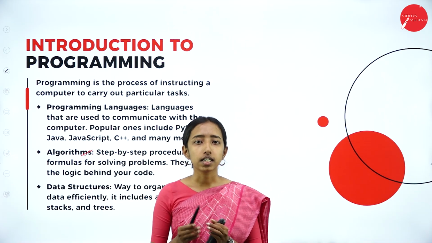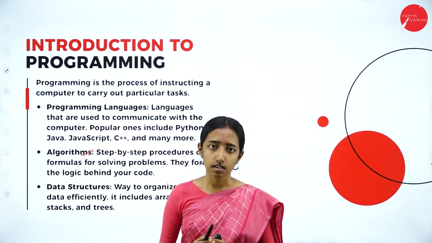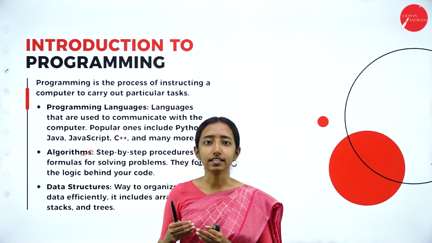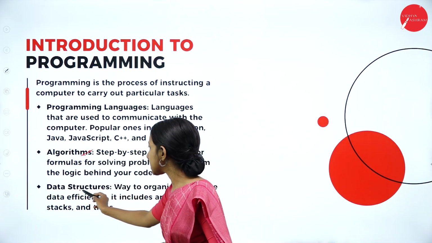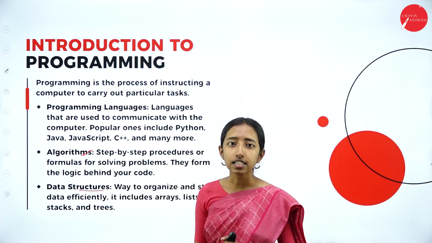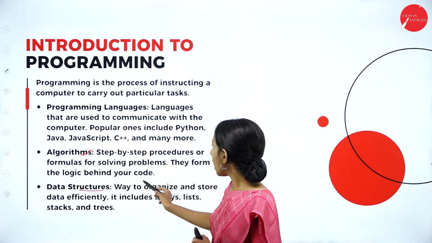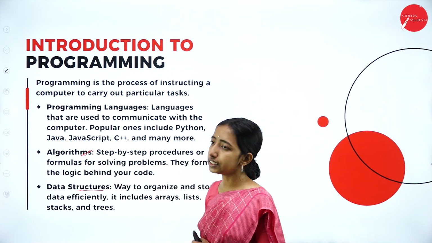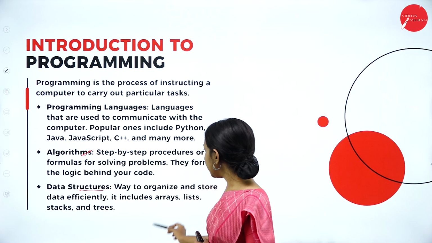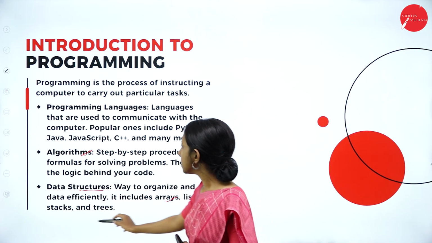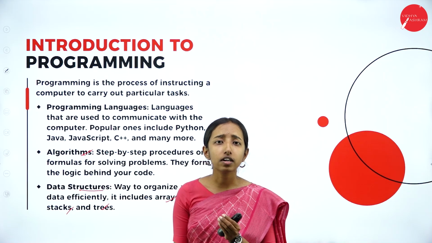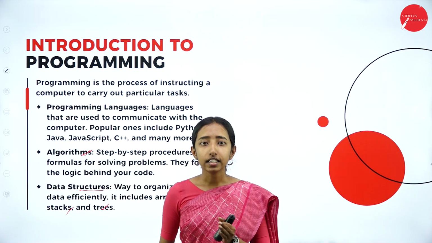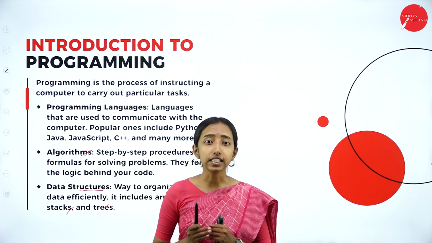After that, we have data structures, a way to organize and store data efficiently. It includes arrays, lists, stacks and trees. So a data structure is a way of organizing data, storing it in a structured way.